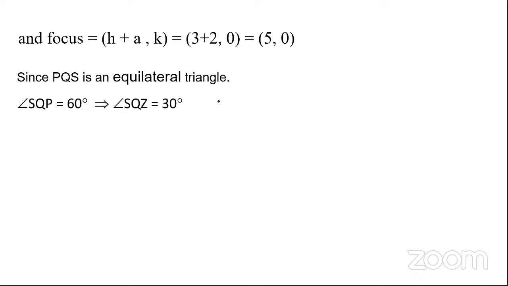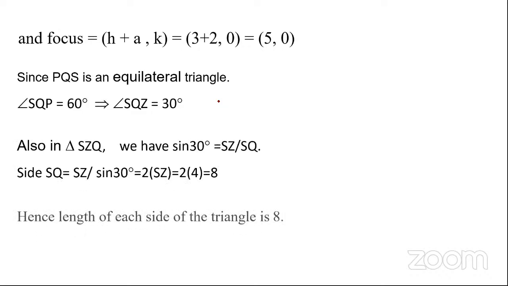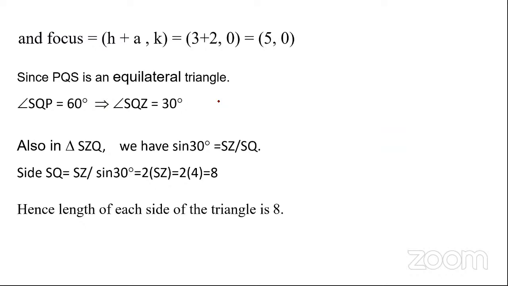Since SPQ is an equilateral triangle, angle SQP is 60 degrees and also angle SQZ is 30 degrees as in this figure. Also in triangle SZQ, we have sin 30 equal to SZ by SQ. As per sin theta equals opposite by hypotenuse, you will get SQ equal to SZ by sin 30. Sin 30 is nothing but 1 by 2. So you can write SQ as 2 of SZ.